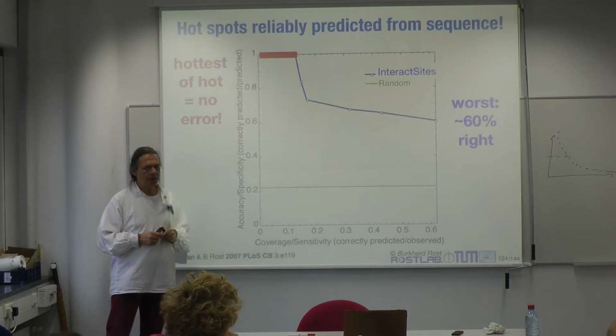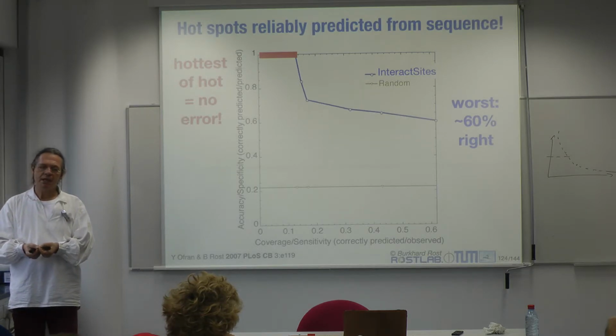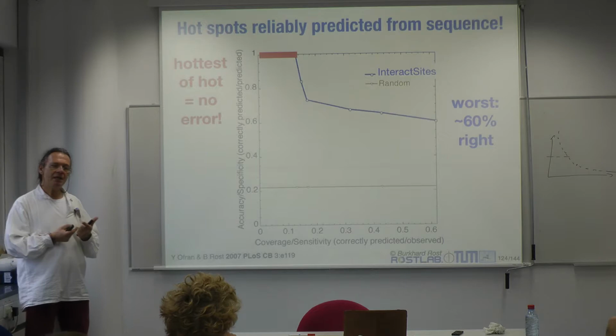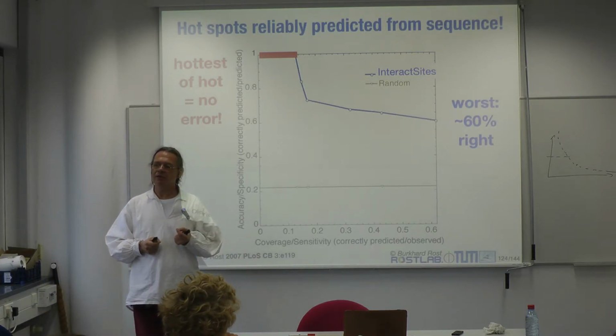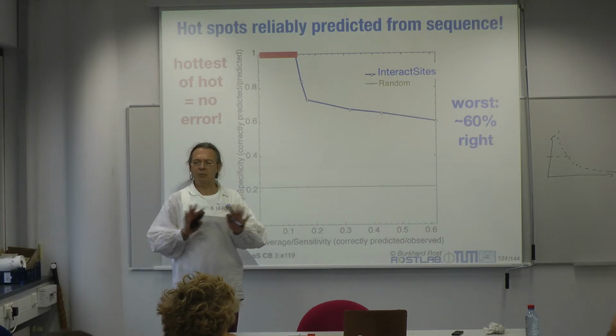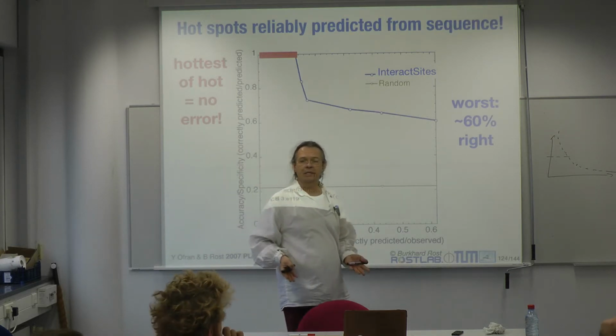the real aspect here is we have a method that learns to predict protein interaction sites and can actually be applied to predict hotspots. This implies that hotspots can be predicted. If they can be predicted, then there is a difference between the ones on the left and the right, no matter where you put the threshold. So hotspots exist because you can predict them.